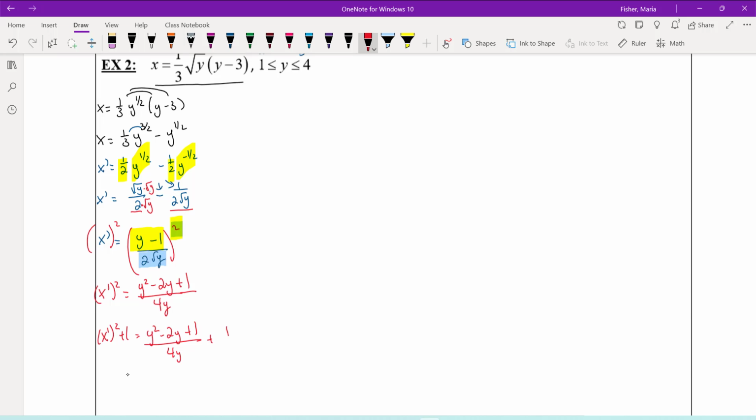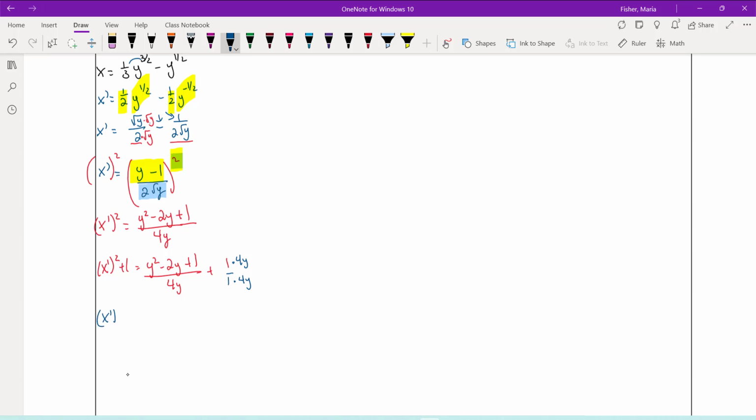Well, in order to add fractions, you need a common denominator. The common denominator is going to be 4y, so I need to multiply this fraction over here by 4y. You have x prime squared plus 1 is equal to y squared minus 2y plus 1 plus 4y all over 4y.